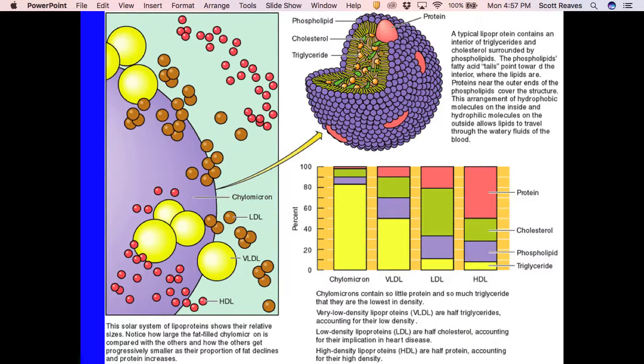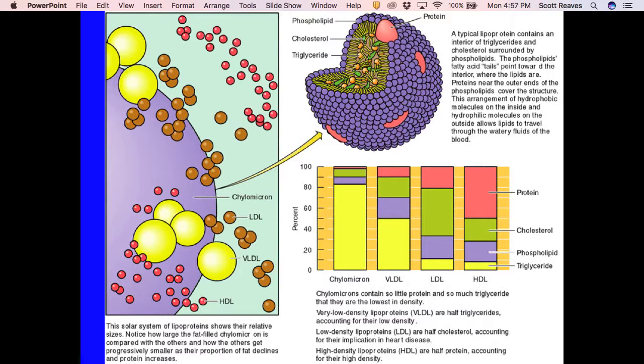So remember that chylomicrons and VLDL are triglyceride rich. You can see why they're a little more dense than chylomicrons. They have a little bit more protein.